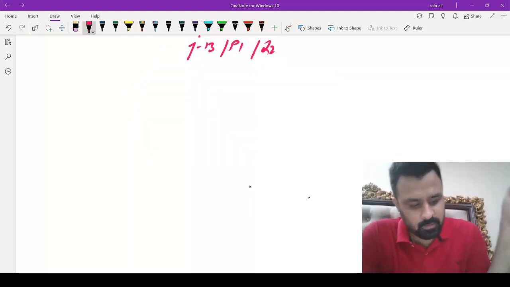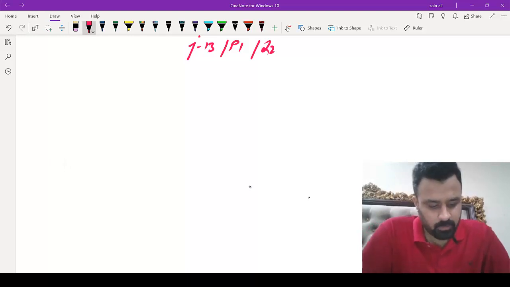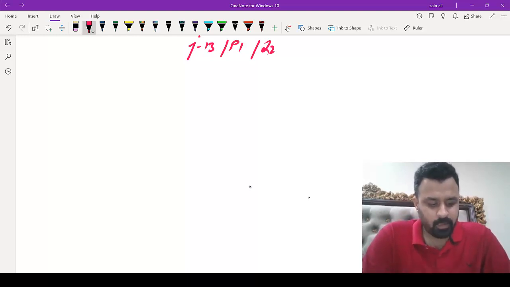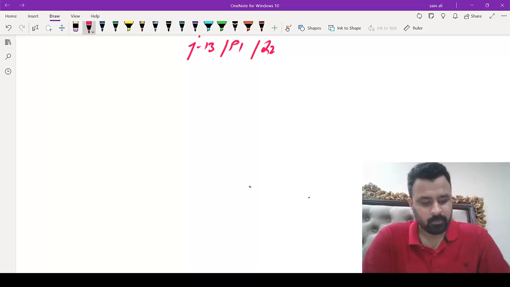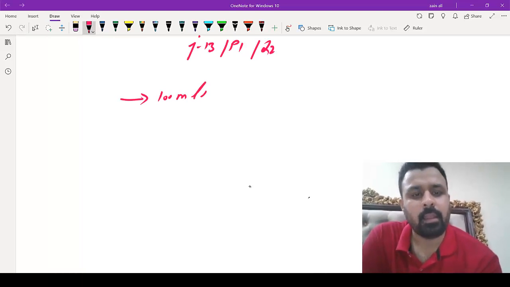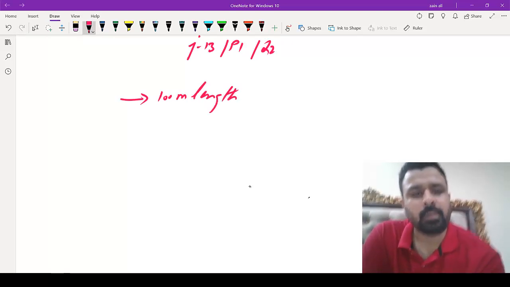The question was, before marking the finishing line on a running track, a groundsman measures out its 100-meter length. Which instrument is most appropriate for this purpose? So a groundsman is measuring the 100-meter length. Which instrument is preferred?